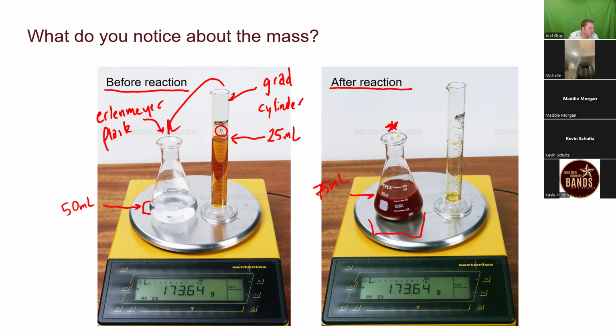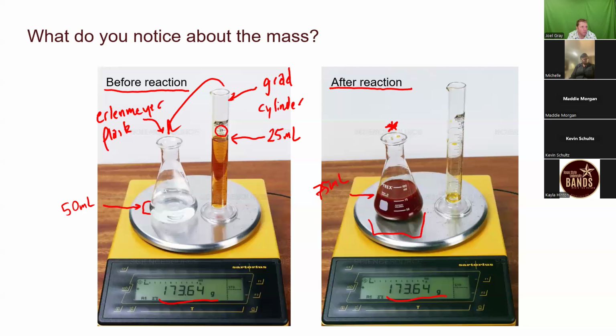In addition to that, my mass didn't change. So this is kind of interesting, because was there a change between the before picture and the after picture? Yeah, people have highlighted that the color of this solution changed. So some sort of reaction took place, but that didn't result in a change in mass. Maybe it changed the composition of the contents?